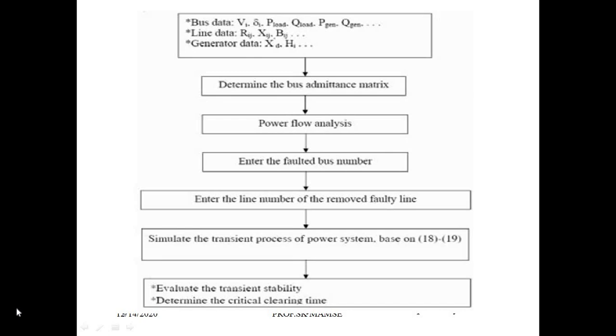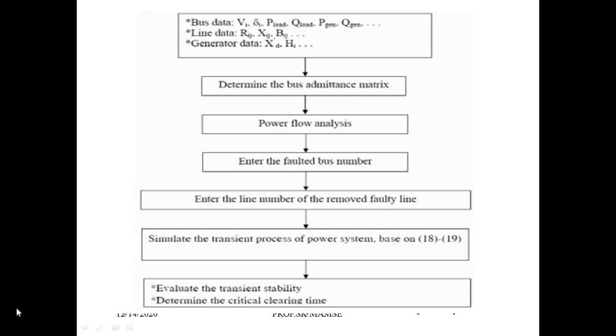Bus data: V, delta, P load, Q load, P generation, Q generation. Line data: Rij, Xij, Bij. Generator data: direct axis reactance and direct axis field intensity. Determine the bus admittance matrix, and the next step is the power flow analysis.